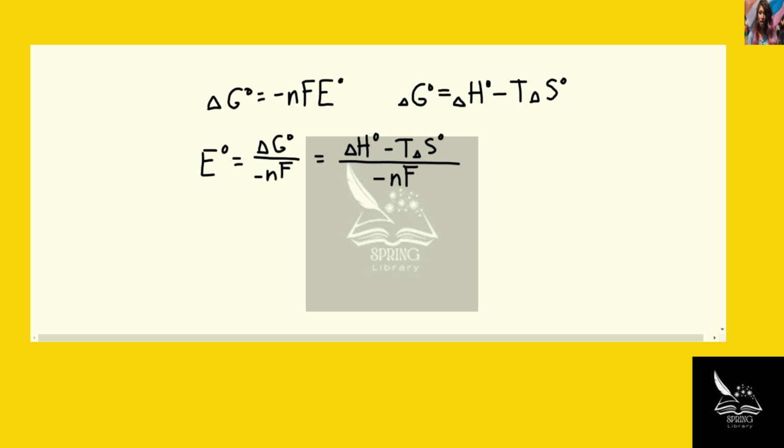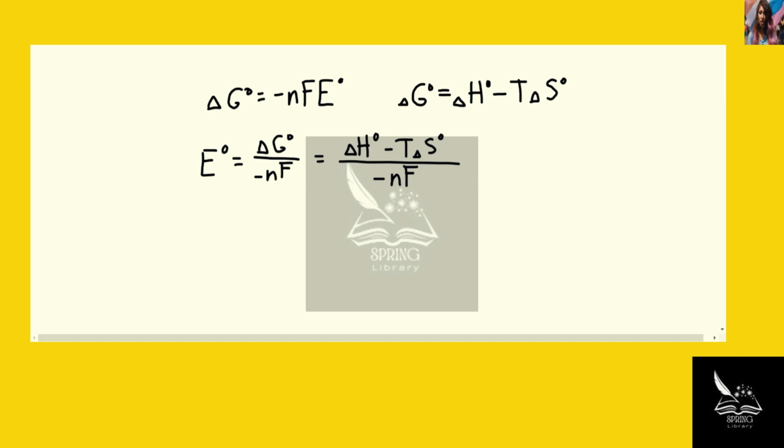The next part of this question asks how we can determine the values of delta H and delta S at standard conditions if we have experimental values that we can measure for the temperature and the cell potential.